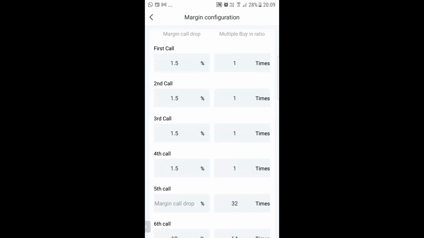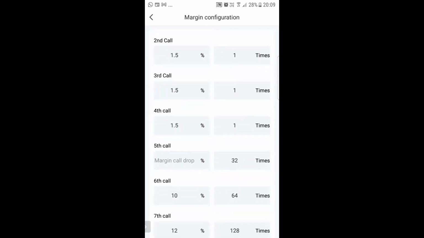When it dropped by 1.5%, we buy 1 times with another $15. So if you check, we have $15 from the first call to the 5th call, which is 60, plus the first call, which is now at this level 4, you will be having 75. Please agree with me. You will be having $75 US.